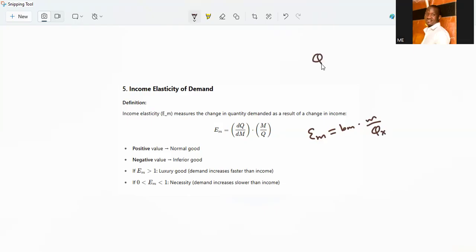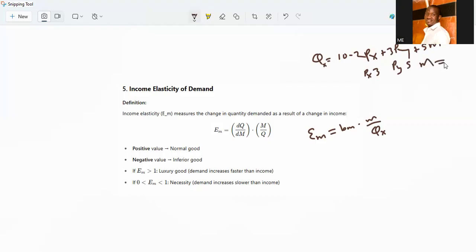So if, for instance, the same question we're dealing with is 10 minus 2px plus 3py plus 5m. Calculate the income elasticity, where price of good X is 3 kwacha, price of good Y is 5 kwacha, and income is 10.